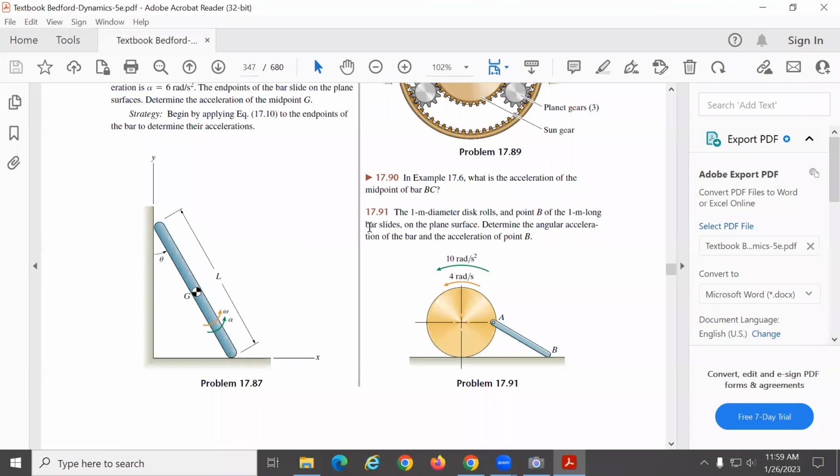So you see there is a 1 diameter disc. The term rolls is important.